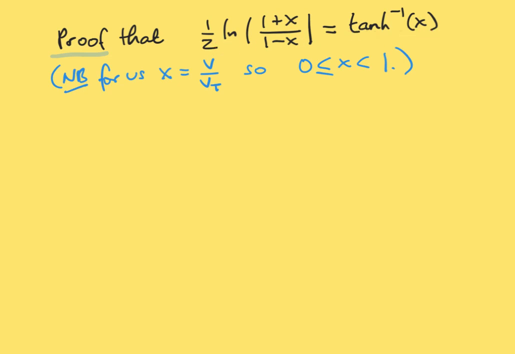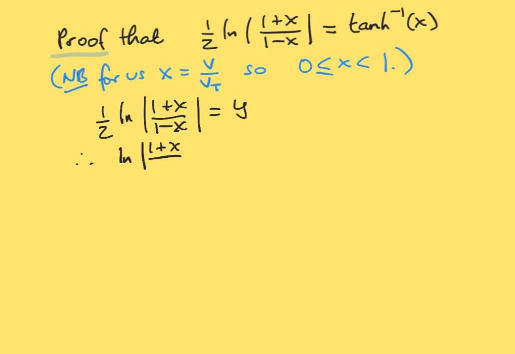So let's say that 1/2 log modulus of (1 plus x) over (1 minus x) is going to be something which I'll call y. We'll multiply both sides by 2, so therefore we have the logarithm of the modulus of (1 plus x) over (1 minus x) is 2y.